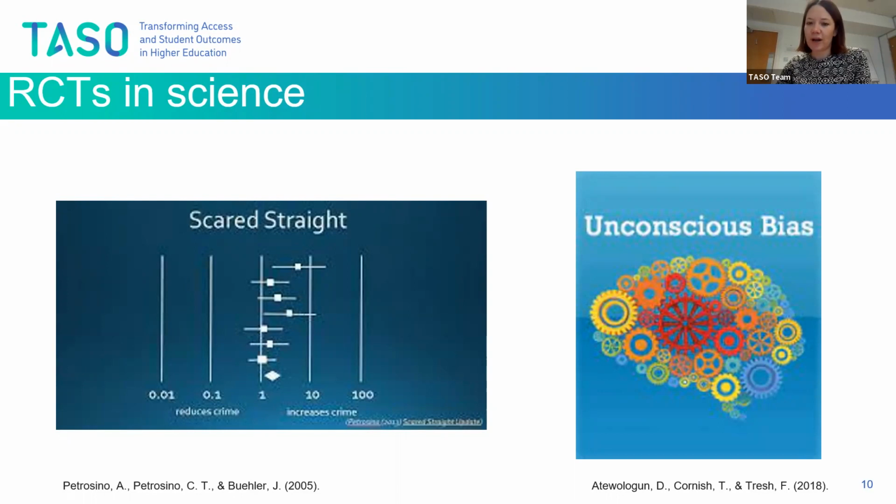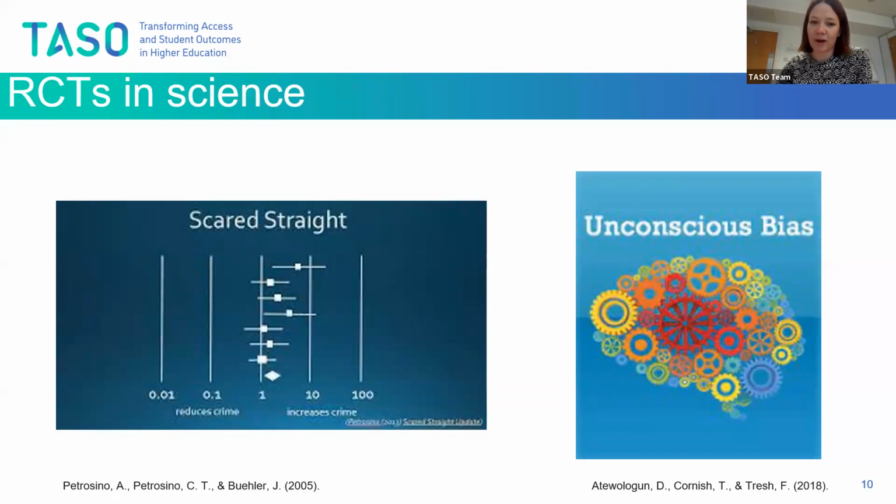So what I'm trying to point out in all of these examples, I guess, is that RCTs allow us to test hypotheses. So we have a theory behind the change that we expect to see. And by running an RCT, we have the confidence to estimate a causal effect. So does the intervention impact the outcome or the behavior that we're interested in?